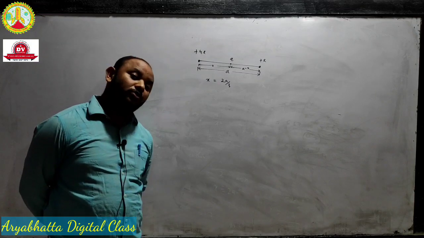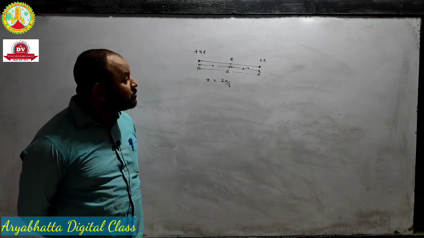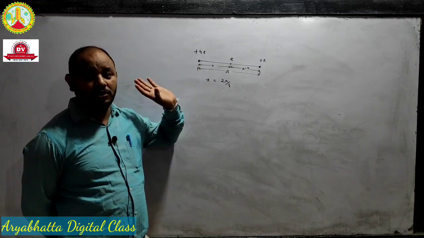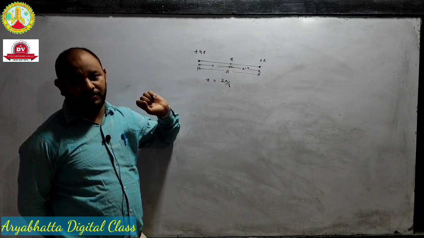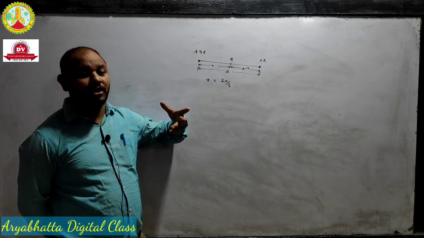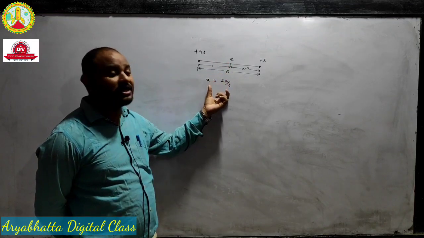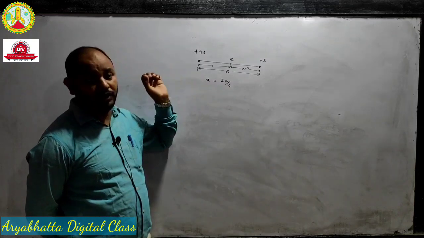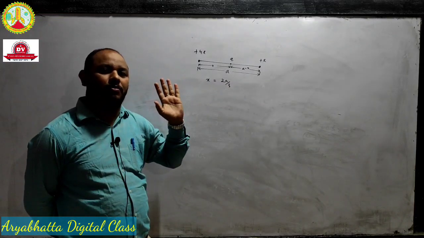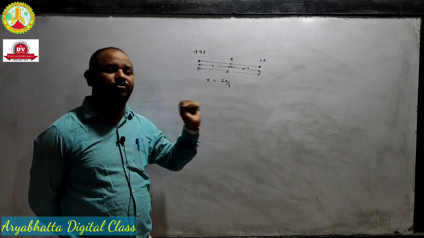The first question is where should a third point charge q be placed so that it may be in equilibrium? The answer is, if we put that point charge at a distance twice a by 3 from plus 4e, it will be in equilibrium.